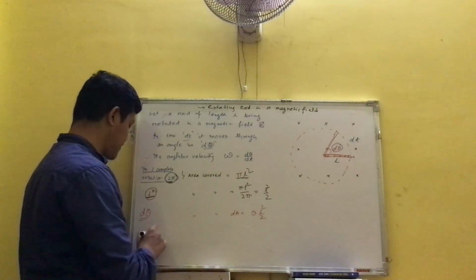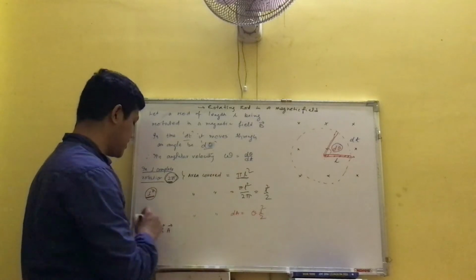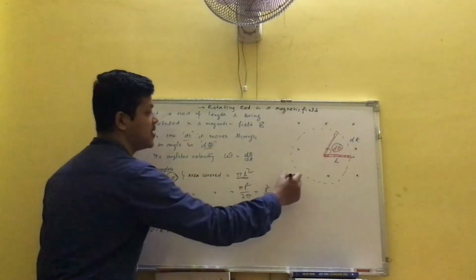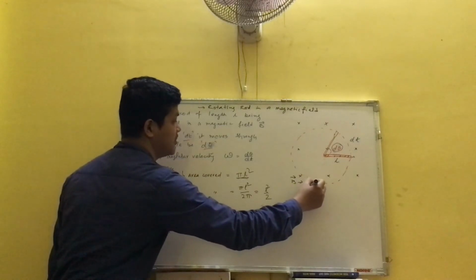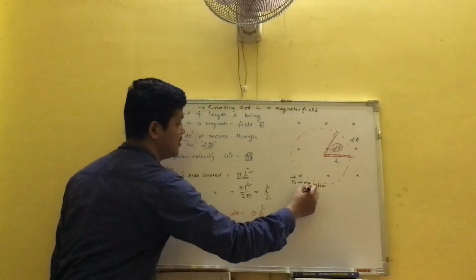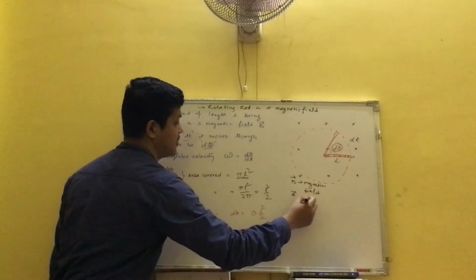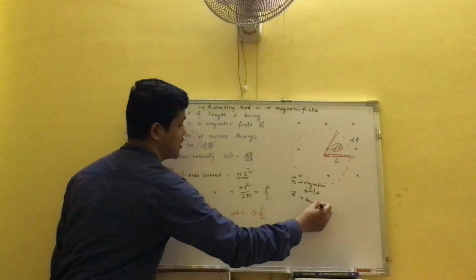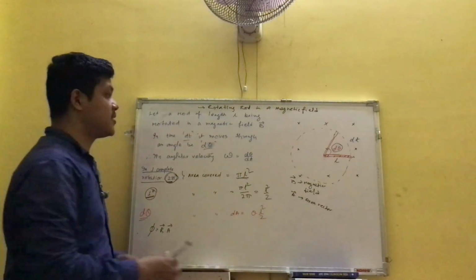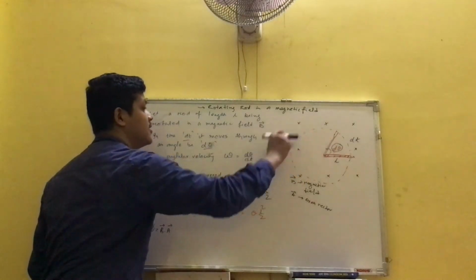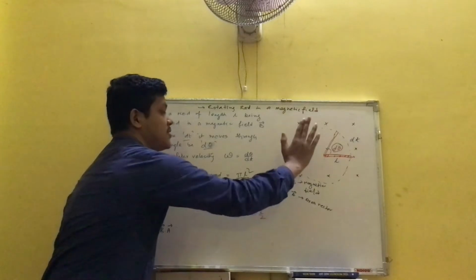Flux is given by phi equals B dot A, B vector dot A vector. A is the area vector, B is the magnetic field. Now here you see the area of this surface is facing in this way, like this, suppose.